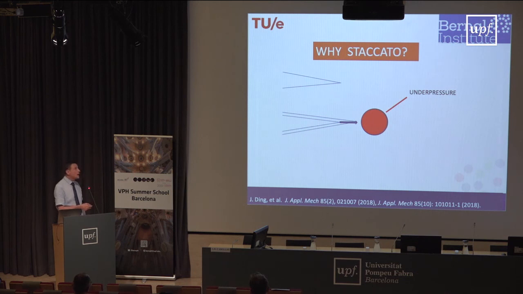Now the question: why is it staccato? In poromechanics things are more complicated. In a solid, you have a crack, and ahead of the crack the material is somehow torn apart. It needs to be torn apart because that is what allows the crack to propagate.